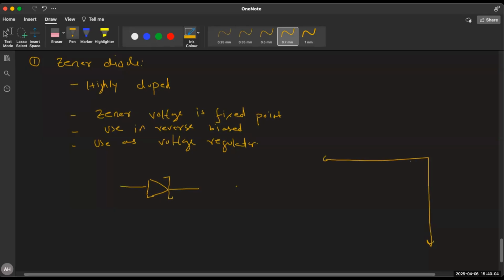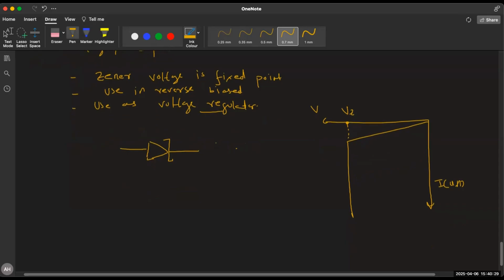This is the characteristic. It's a sharp point. This characteristic shows that the voltage across the Zener diode cannot exceed Vz. Whatever the current is, the voltage across the Zener diode is constant. Due to this, we can use it as a voltage regulator, a device in a circuit which can maintain a constant voltage across a circuit element.